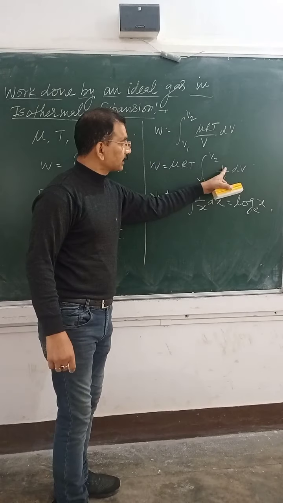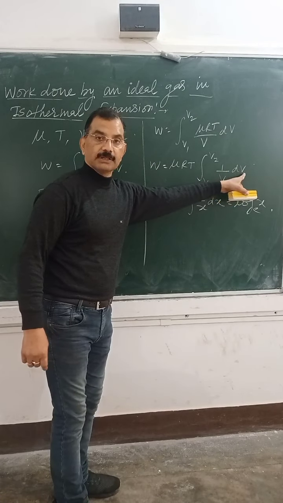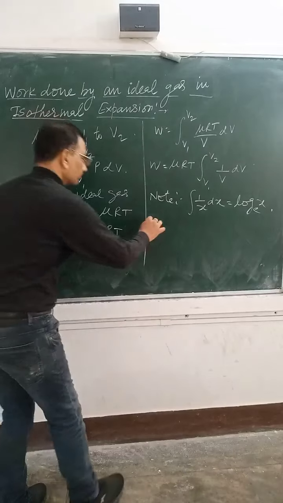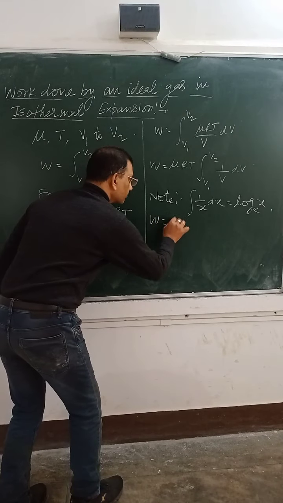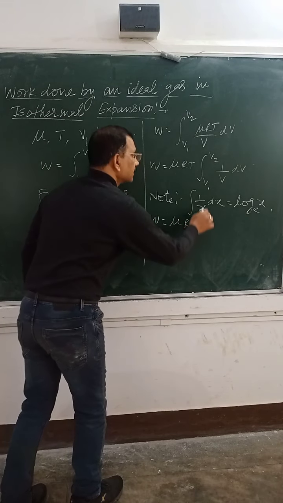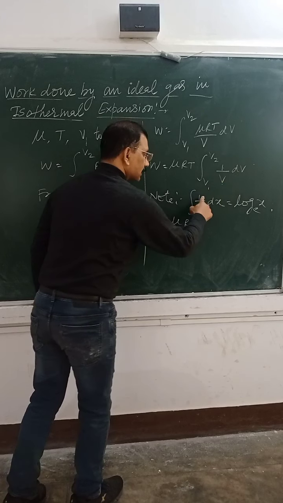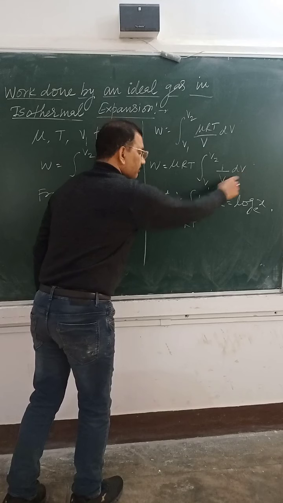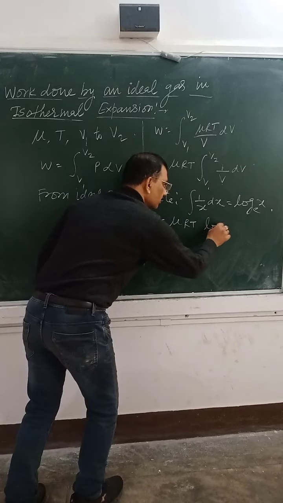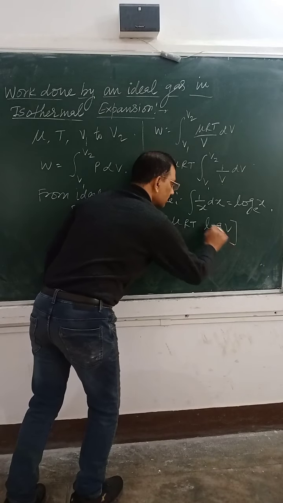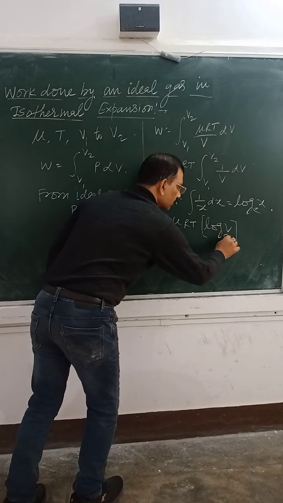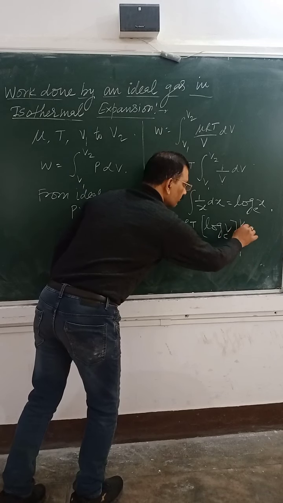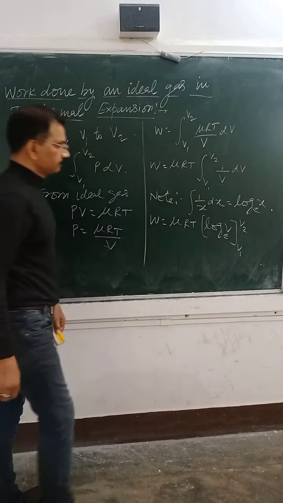Similarly, the integration of 1 upon v dv we can obtain: W is equal to mu RT, and here 1 upon v dv, like 1 upon x dx, is log x to the base e. So 1 upon v dv is equal to log v to the base e, and here from v1 to v2.